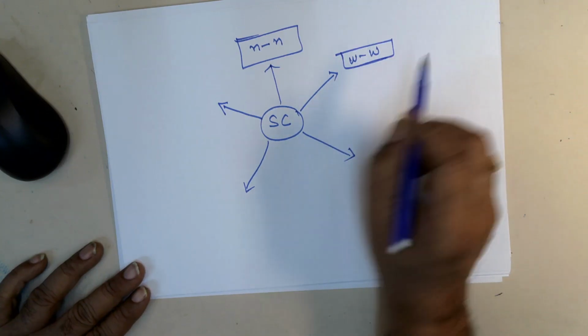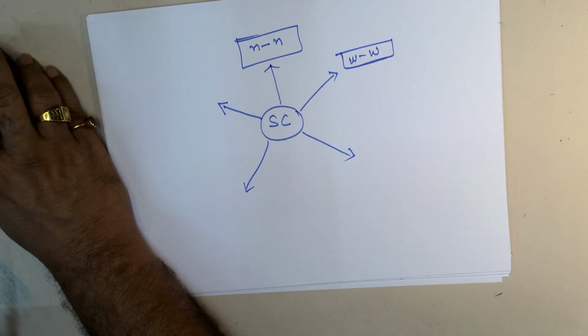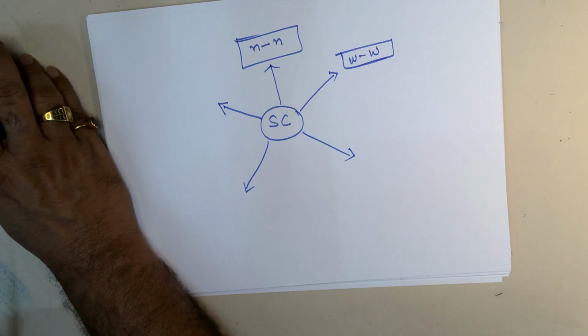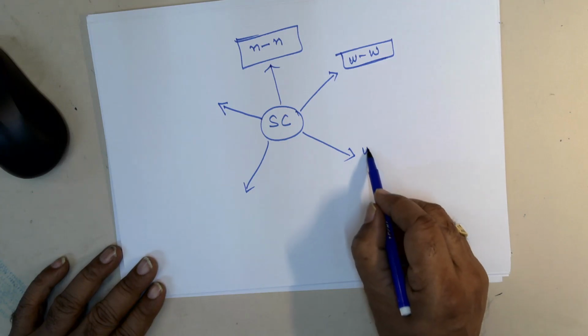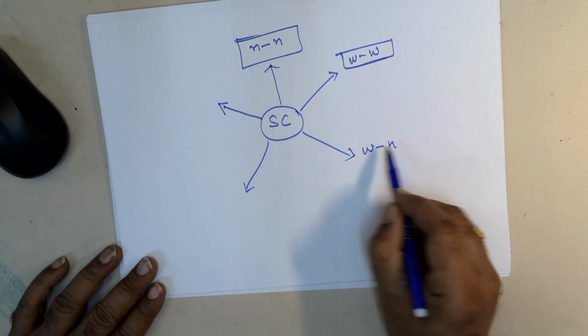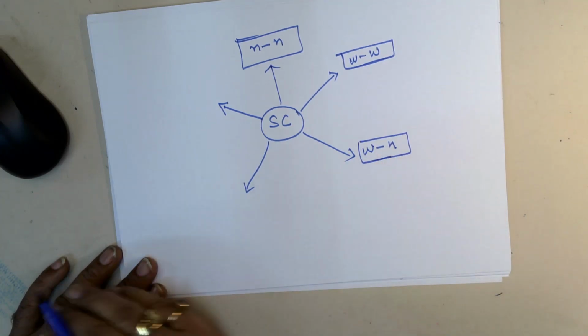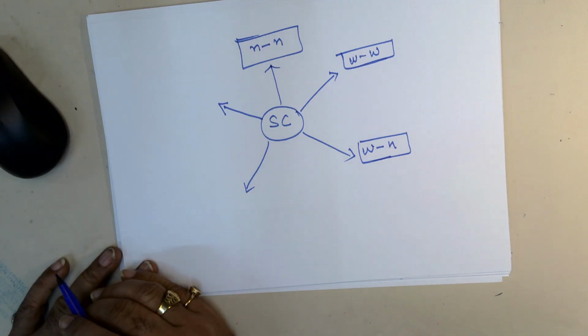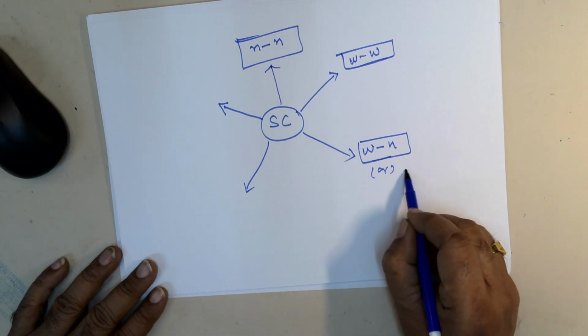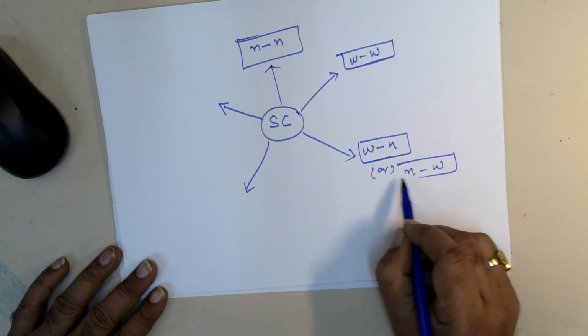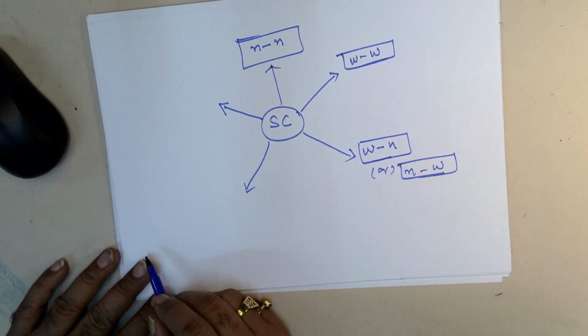And the third one is the mass-mole relationship, that is the weight-mole relationship, or it can be the mole-mass relationship. It can be reversed also. NW. Right? Do you understand this?